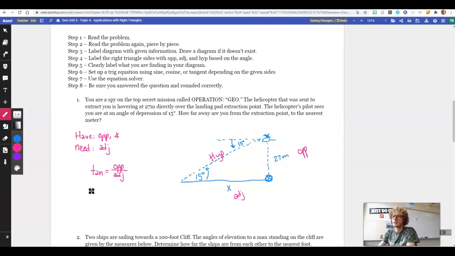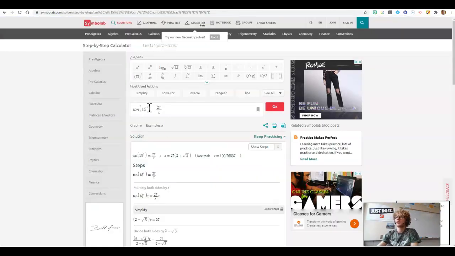So plugging in for everything, we have tangent of 15 equals 27 over x. Now you can go and plug this into the equation solver and see what you get. I plugged that into the equation solver. I made sure to use the degree symbol just to be sure that we were talking about degrees. That's that button right there. And we see that x equals 100.76.